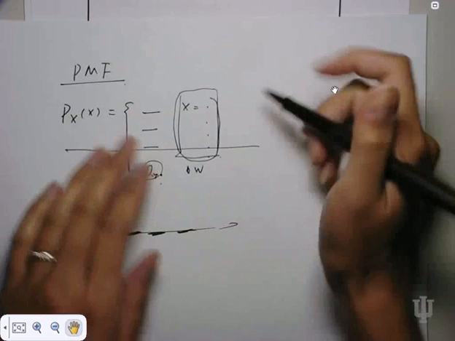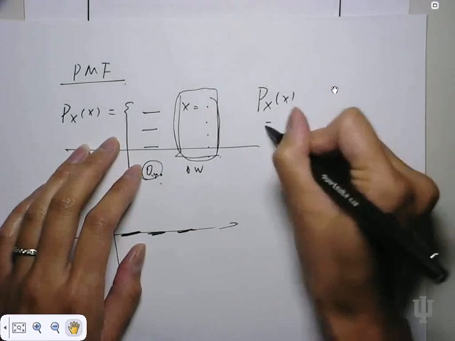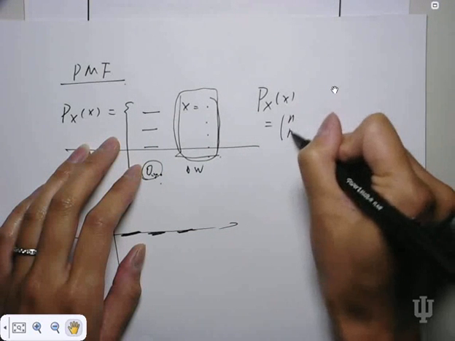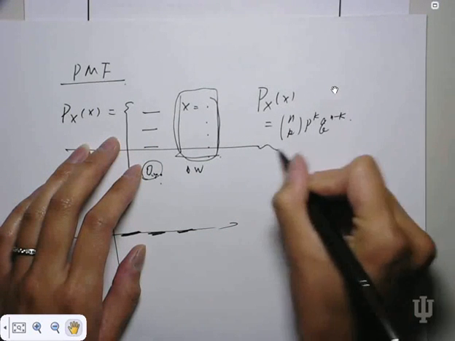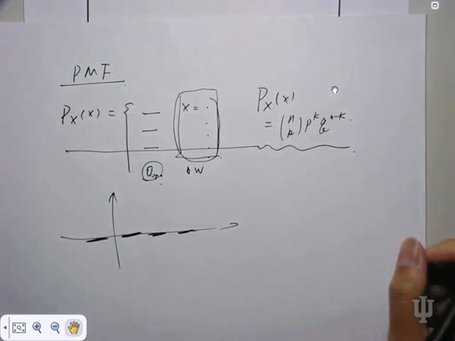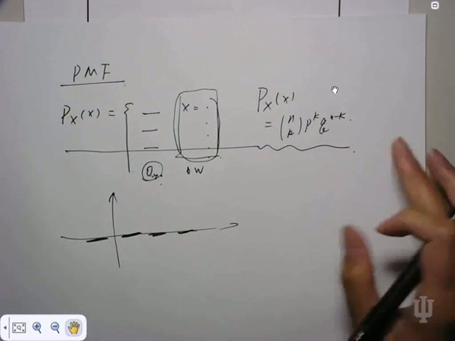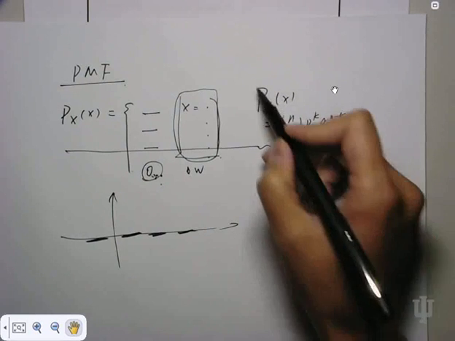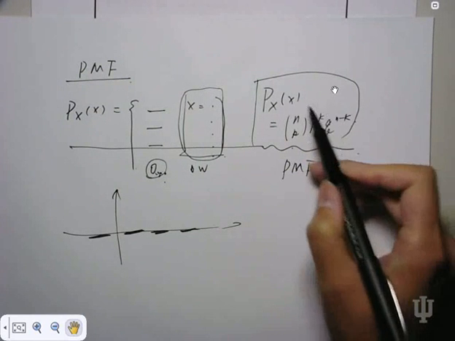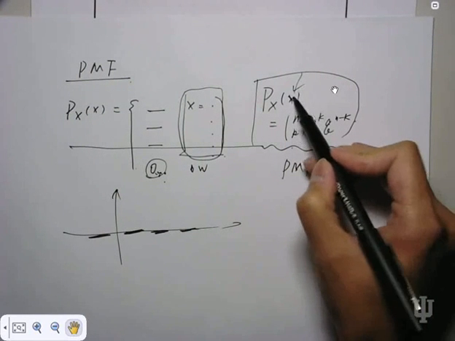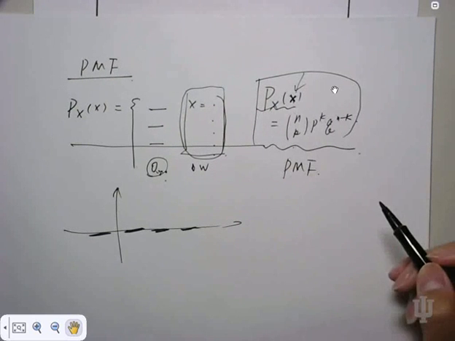Or we learn several models, then, for example, the binomial or geometric, those different probability models. This is also a PMF, probability mass function, because you substitute any value of small x, you will generate a probability.